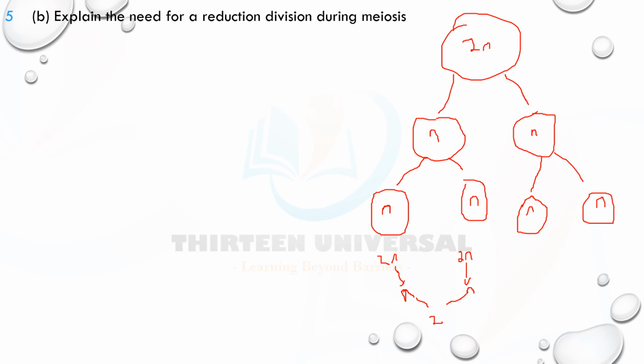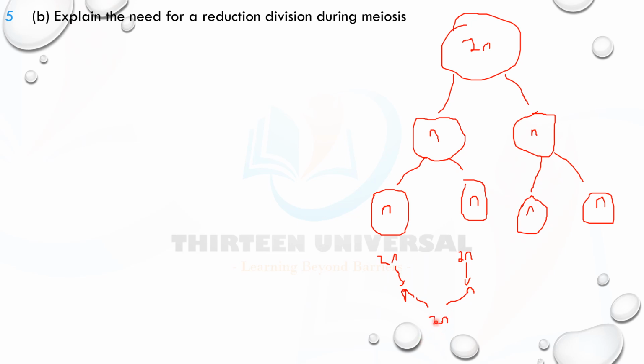The diploid zygote now contains both the maternal chromosome and the paternal chromosome.